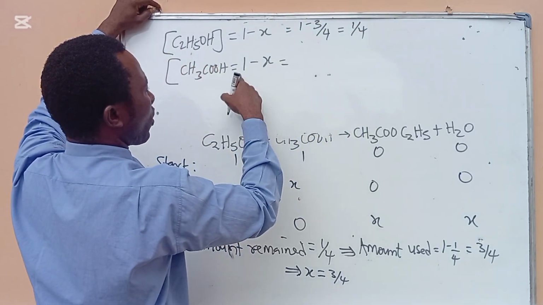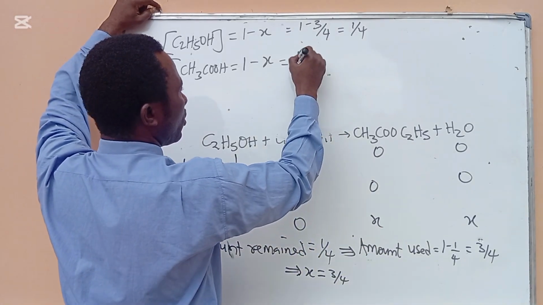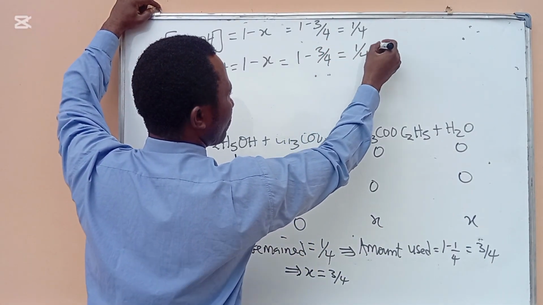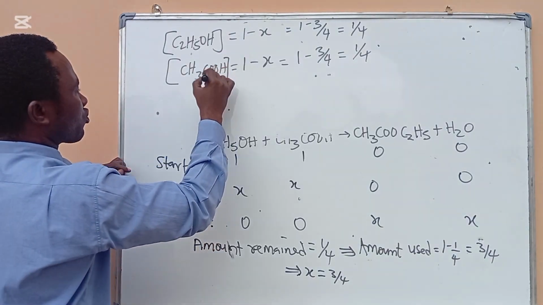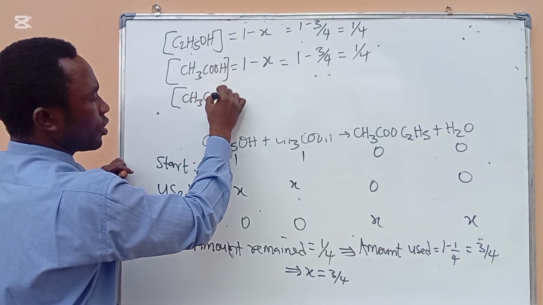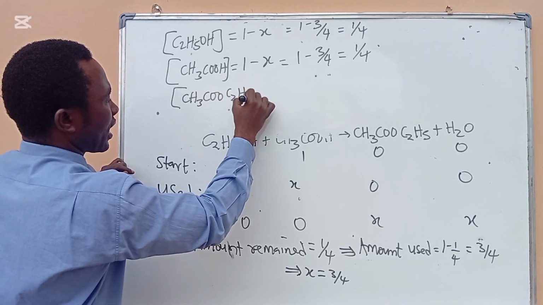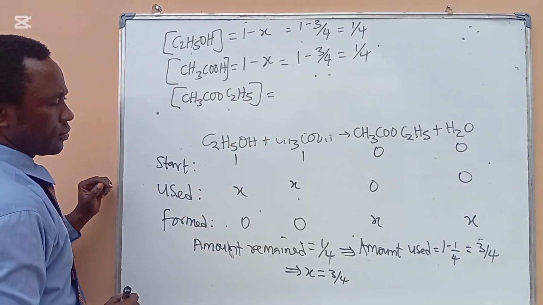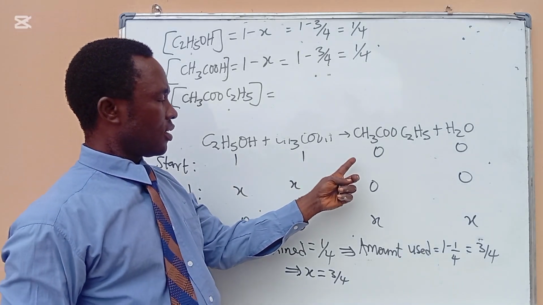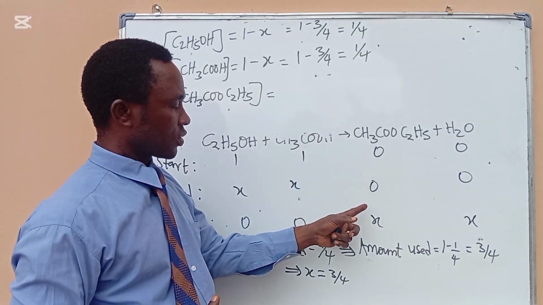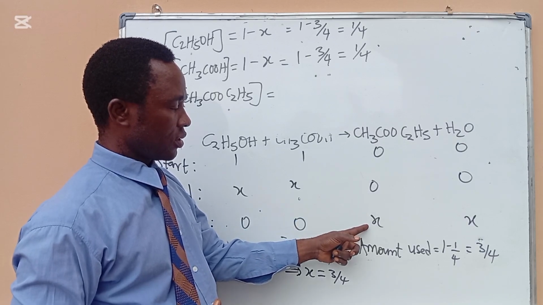This one is also 1 minus x. X is 3 over 4. 1 minus 3 over 4 is equal to 1 over 4. Then what is the concentration of CH3COOC2H5, that is ethyl ethanoate? For products, we should not be doing start minus used plus formed.